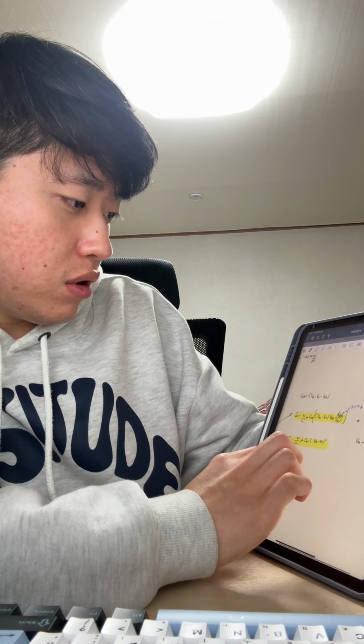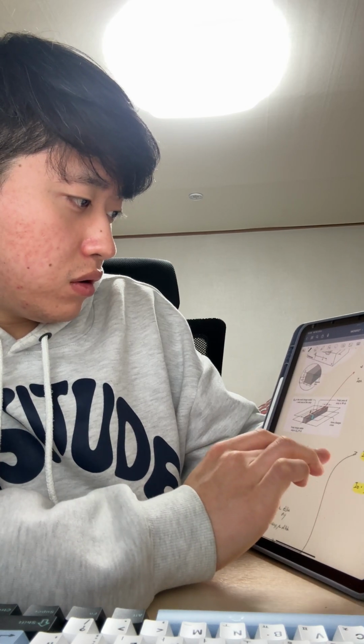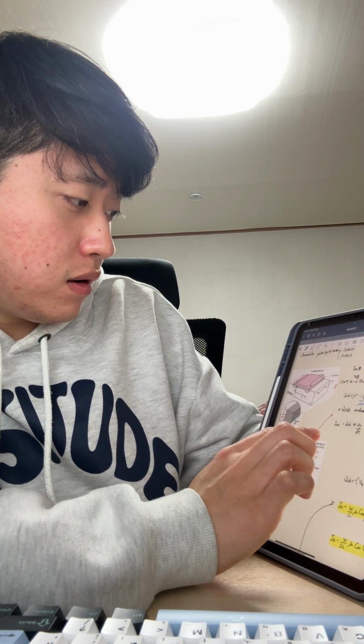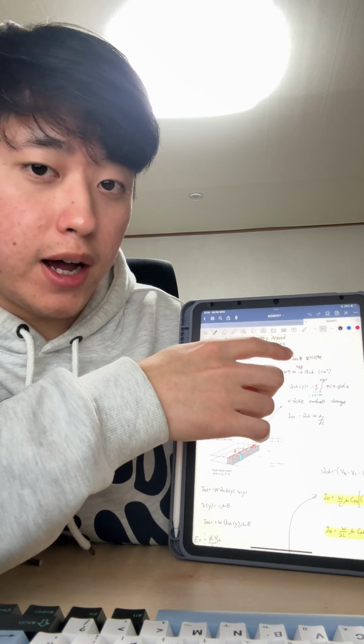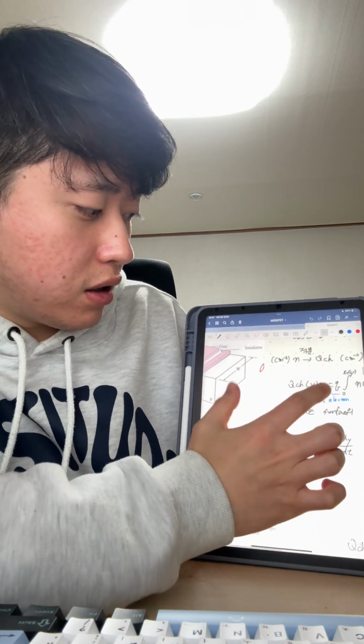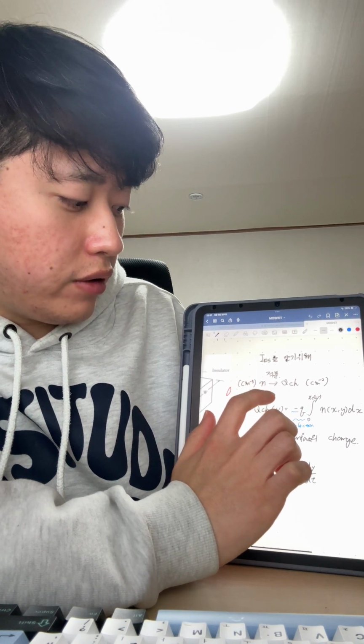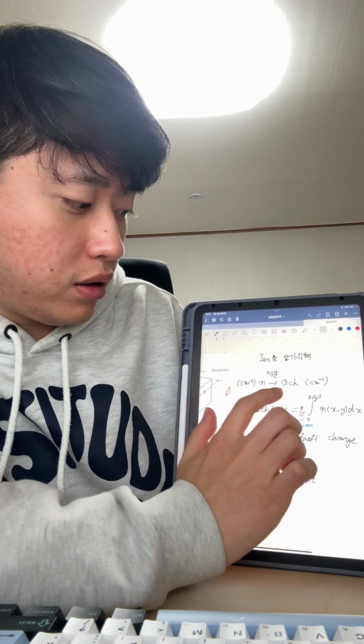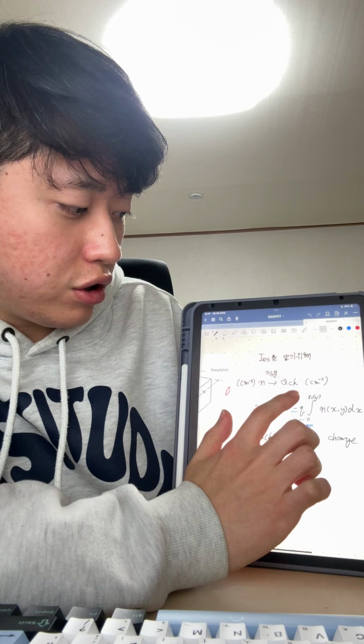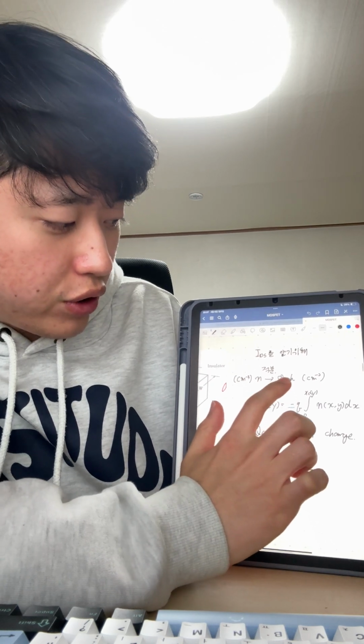So we have to know about IDS. IDS is the integral of the electron mobility. So this is Q, the channel charge.